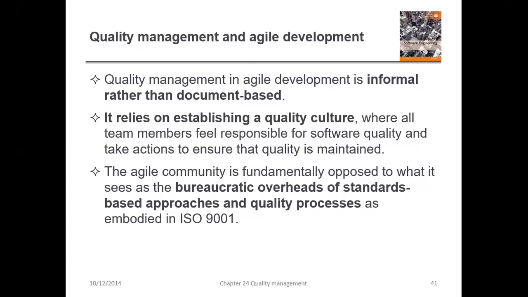Because of that, when it comes to review, they will rather want to have what they call quality culture. So quality culture is what they use to assure quality in their system development.